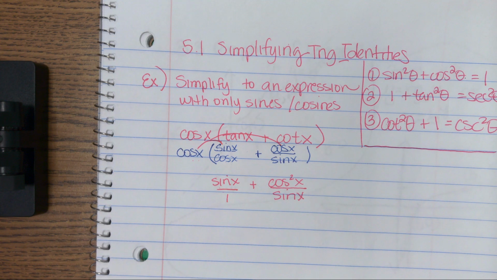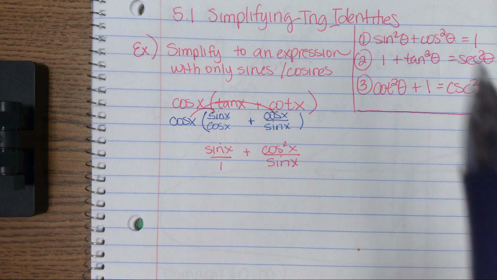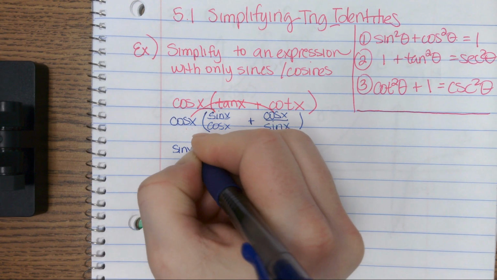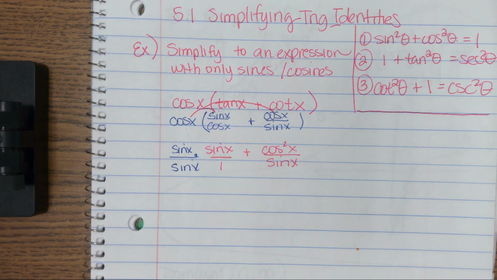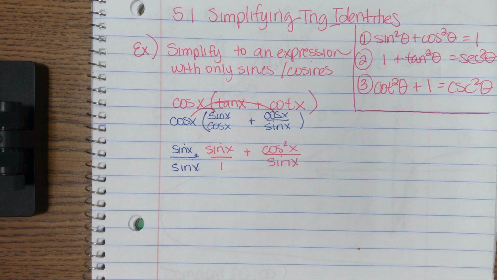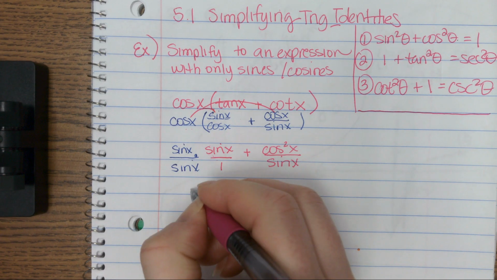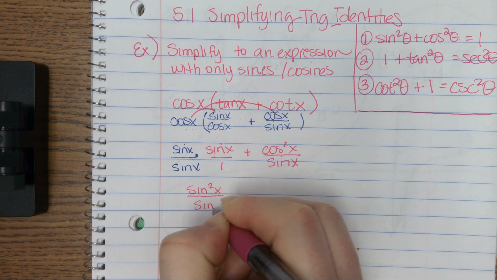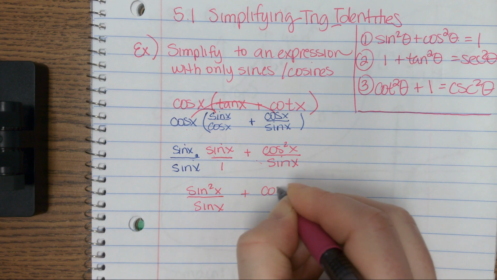In order to add those together, this has a sine and this has a 1, so I'm going to multiply the top and bottom of this by sine of x over sine of x. Then I get sine squared of x over sine of x. There's nothing to simplify over here.